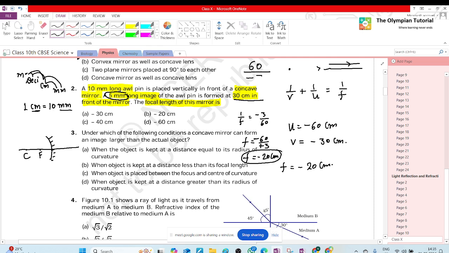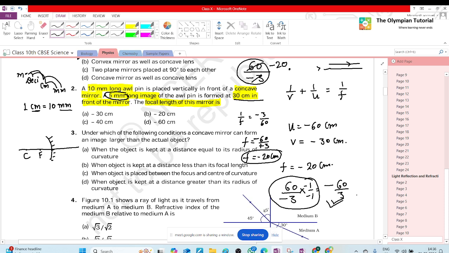What we have done is multiplied by minus 1 on both sides. So in both cases, the answer is correct.